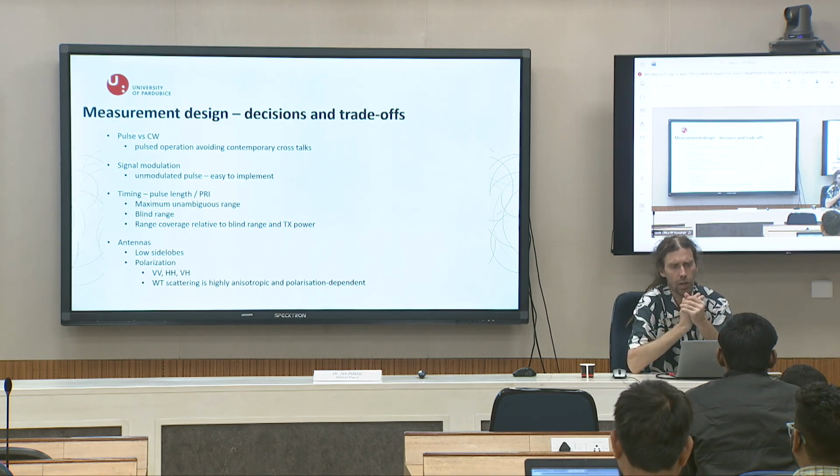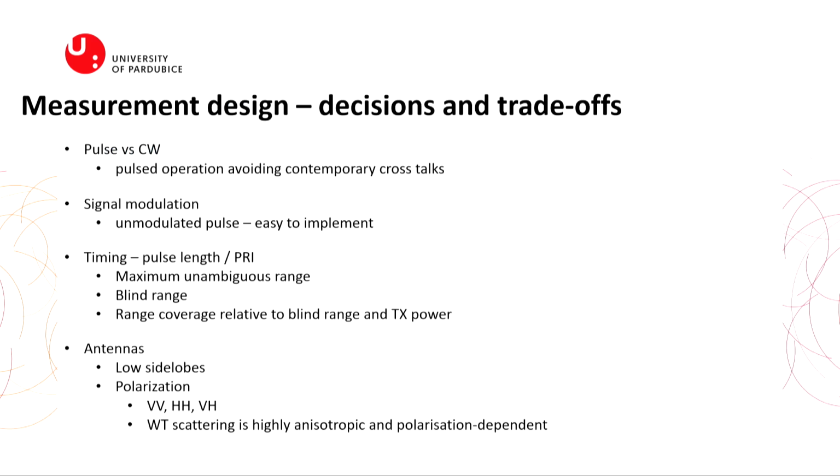Antennas have low side lobes, they have good parameters, they support all polarizations: vertical, horizontal. It means that in our antennas there are two connections, so we have a connector for vertical, horizontal, and a second one for vertical, horizontal.